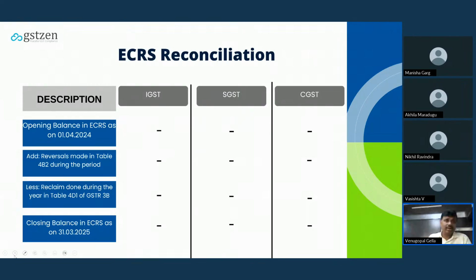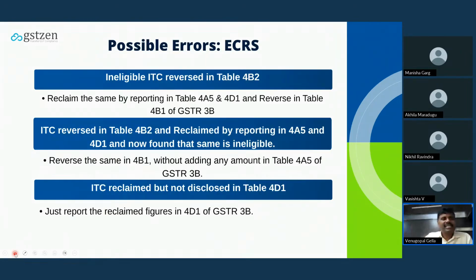Again, GST Zen will help you in tracking at invoice level what you are reversing and what you are availing, month over month. What are the possible errors that happen? Something we should have reported in 4B1 goes to 4B2. Then you need to bring it back through 4D1 and again report it in 4B1.